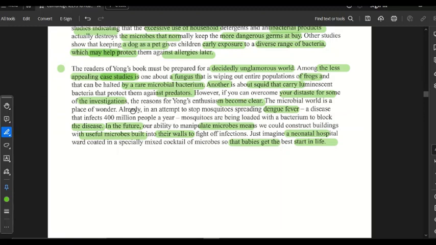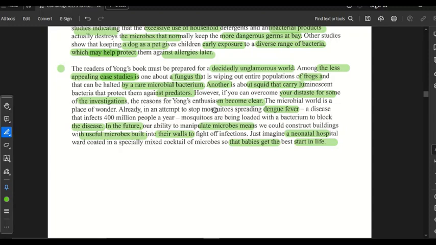Already in an attempt to stop mosquitoes spreading dengue fever, mosquitoes are being loaded with bacteria to block the disease. I just eliminated what is inside the N dash. So this statement does not inform us anything about it being successful or not.